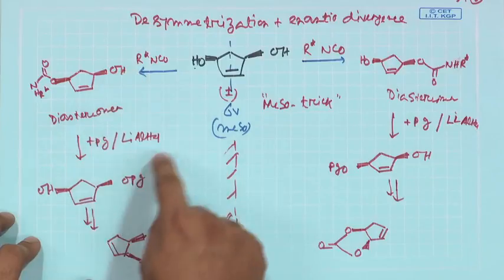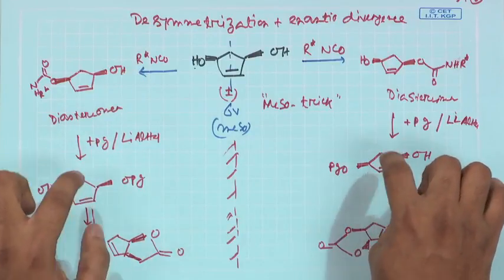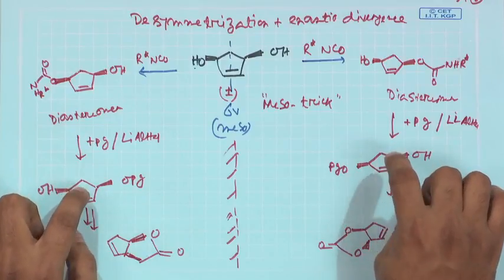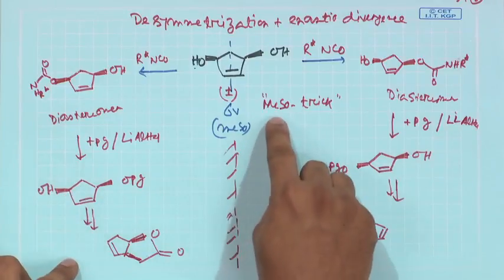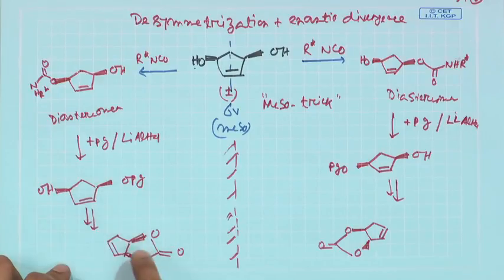Then you do a simple protection, so you can get these two enantiomers. So this is a pure divergence, and this method is called the meso trick. In principle you can convert this compound to this lactone and that compound to that lactone; these lactones are enantiomeric to each other.